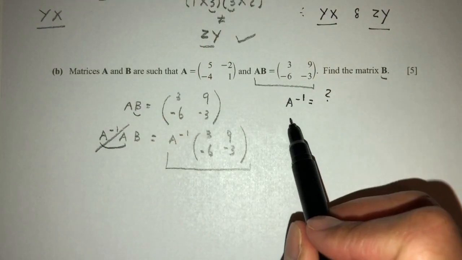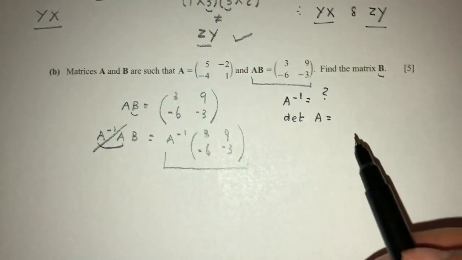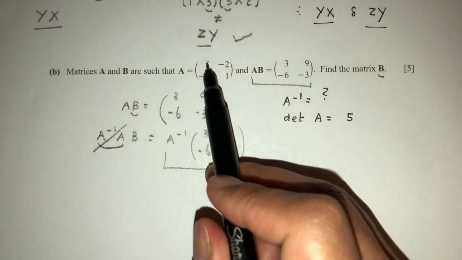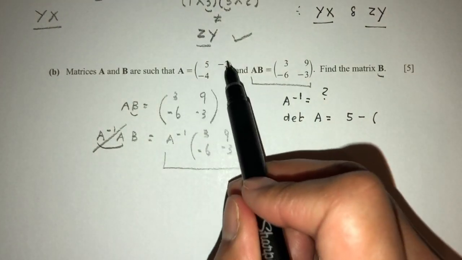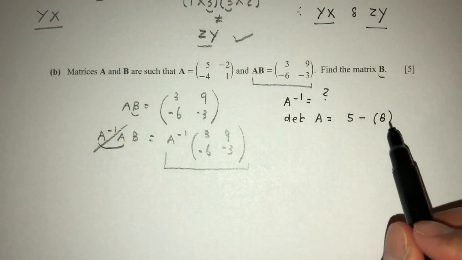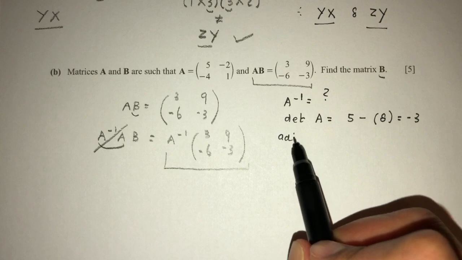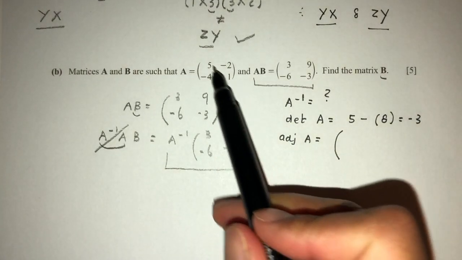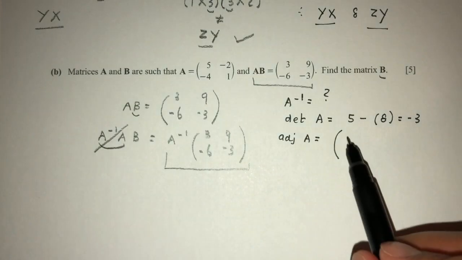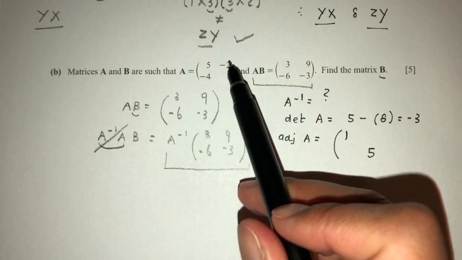To find A inverse, we must first find the determinant of A. So let's cross multiply. 5 times 1 is 5, minus minus 4 times minus 2, which is 8, that will be minus 3. Now we have to find the adjoint matrix of A. So we change those two positions, 1 goes up, 5 goes down, and we switch the sign of those two.